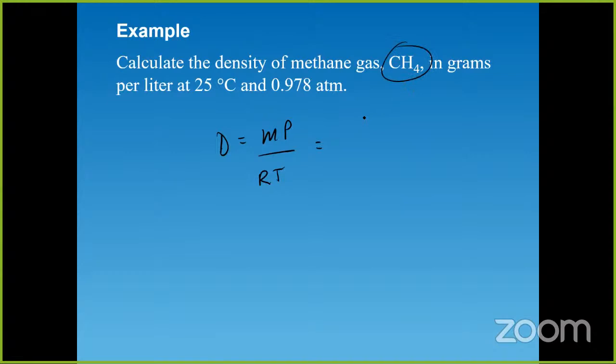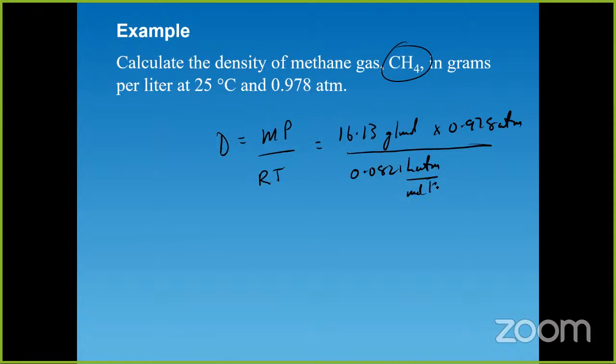Can you remind me what the molar mass of methane, CH4, was? 16.13 grams per mole, times the pressure, 0.978 atmospheres, divided by R, which is 0.0821 liter atmospheres over mole Kelvin, times the temperature.